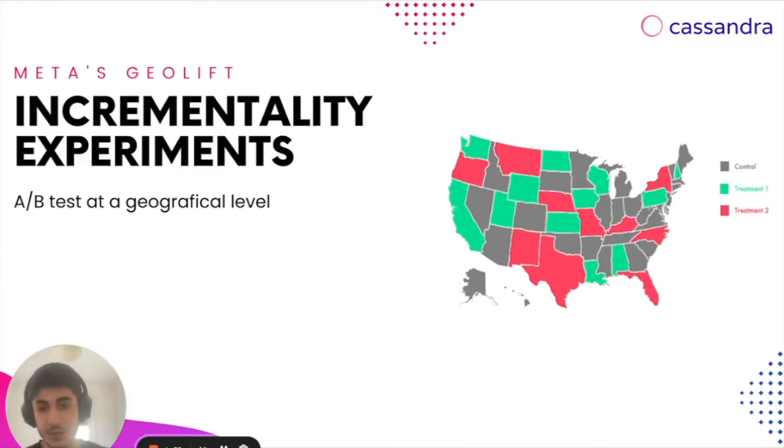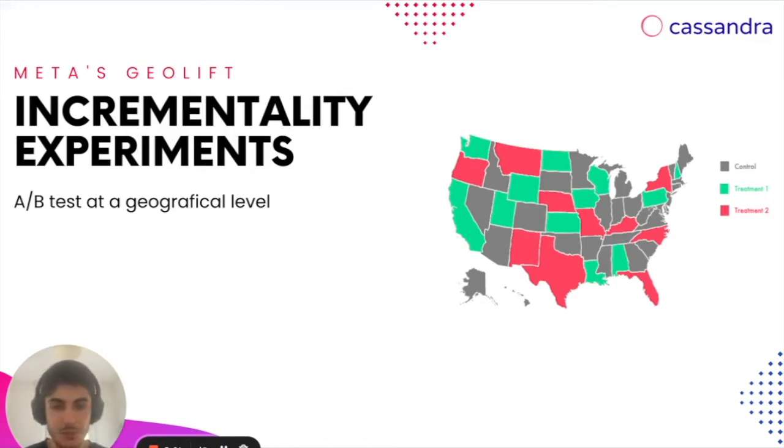Incrementality experiments, in other words, are a fancy way of calling an A/B test, which targets people at a geographical level. Let's see, for example, let's measure whether we're wasting our budget invested on Google search brand campaigns or if it's generating incremental sales.